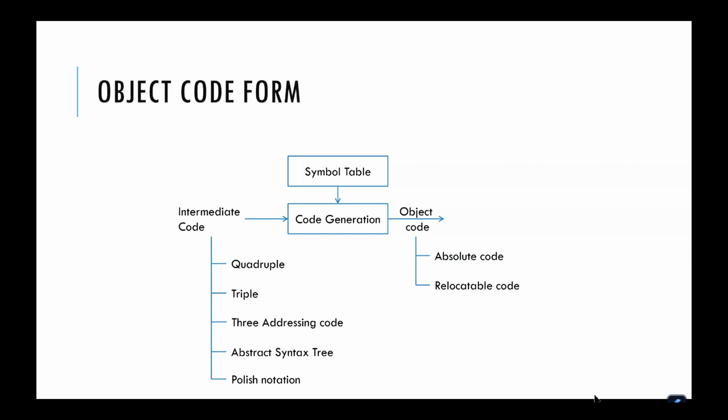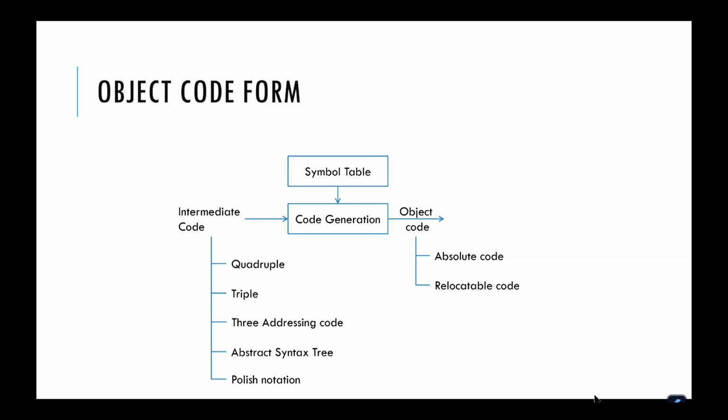A set of relocatable object modules can be linked together and loaded for execution with the help of a linking loader. So the subprograms will be executed separately, and each time the linking and loading process will be done.